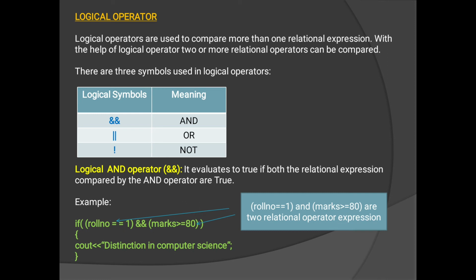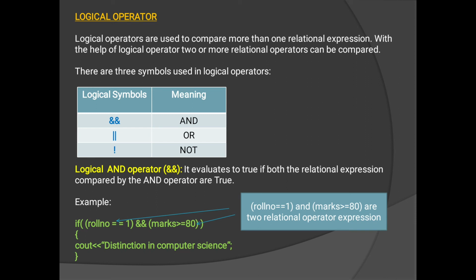One is the outer parenthesis, which is for the if keyword, and this if keyword tests this condition, that it evaluates to true or false. Here you are first comparing roll number equals to 1. That is one relational expression.